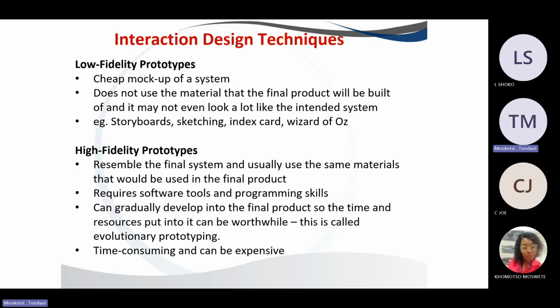This is called evolutionary prototyping, and it can be a time-consuming and expensive process to develop this type of prototype. High fidelity prototypes are used in complex engineering mostly. So for interaction design, we normally use low fidelity prototypes.